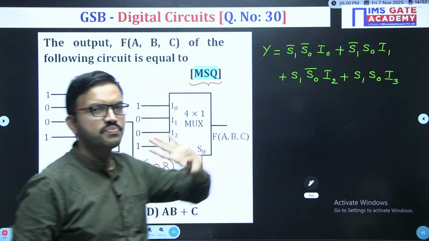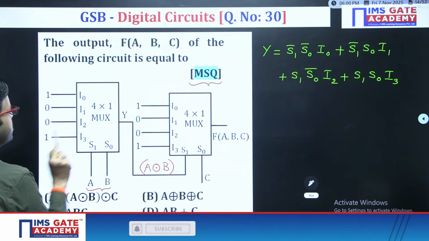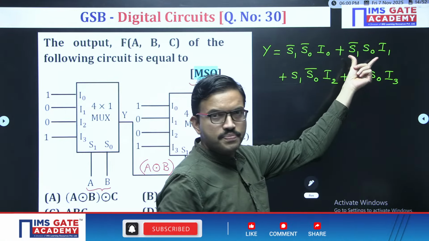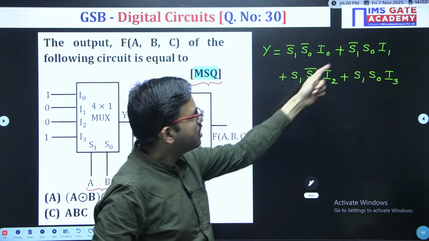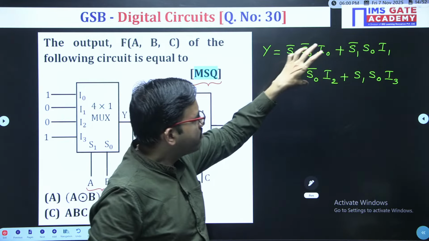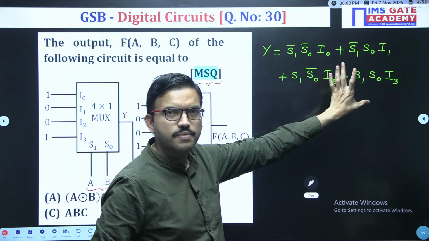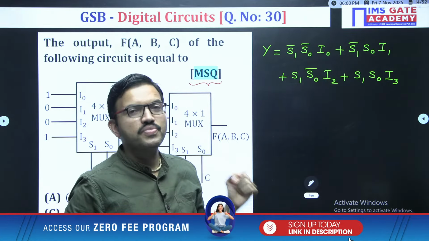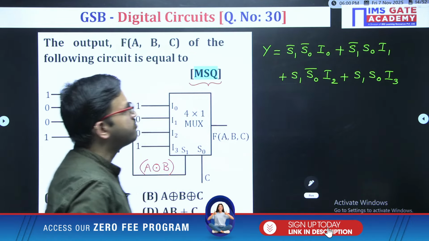That's all. The reason is very simple: if I1 is 0, that term is 0; similarly, I2 is 0, so that term is 0. 0 plus 0 is 0, and when you add 0 to the remaining term, the resultant answer remains the same. I hope it is clear for everyone.